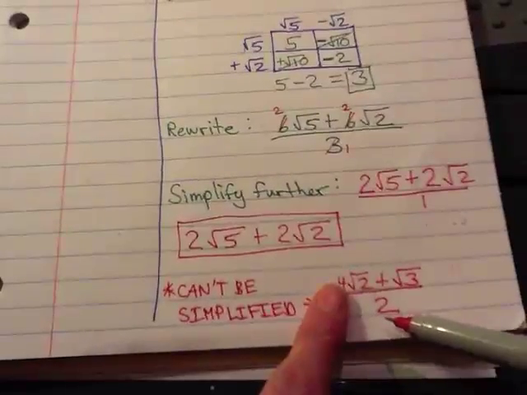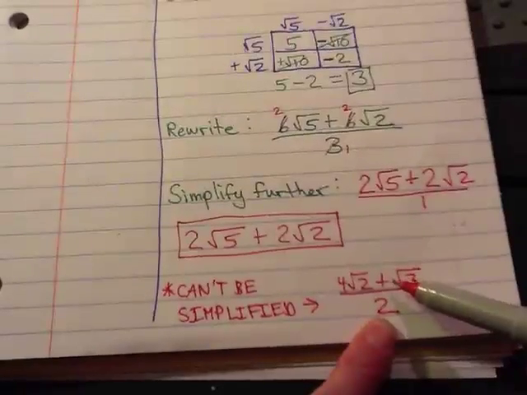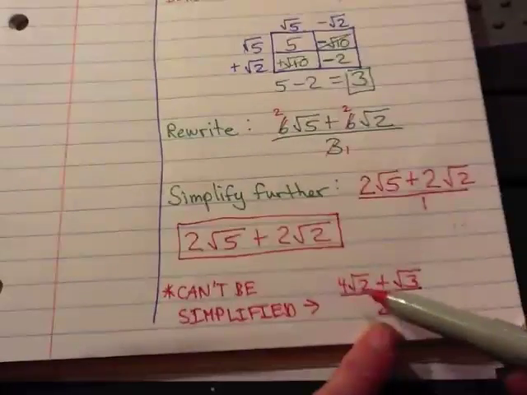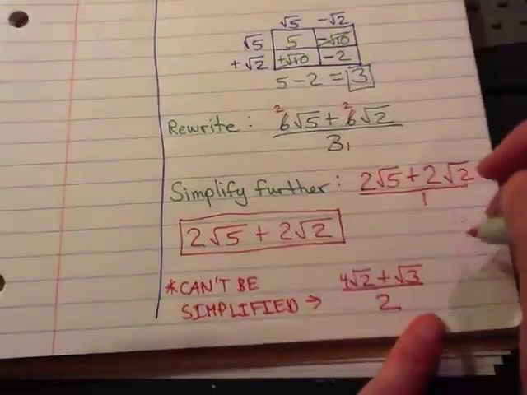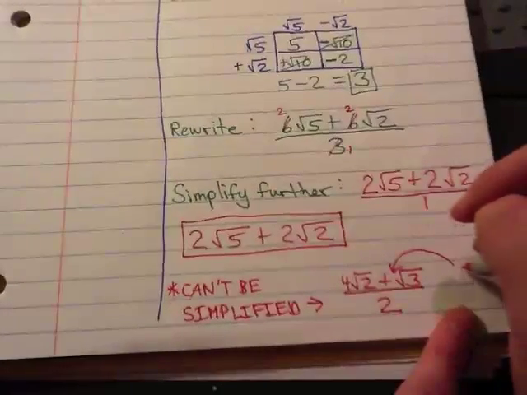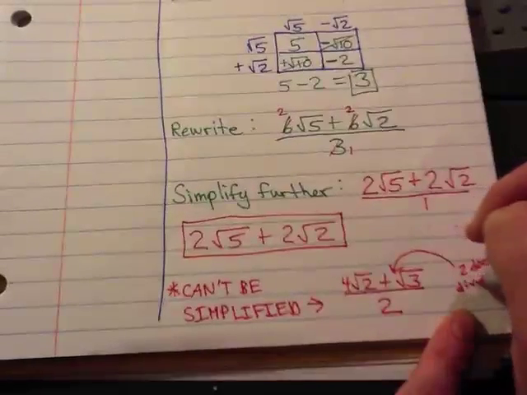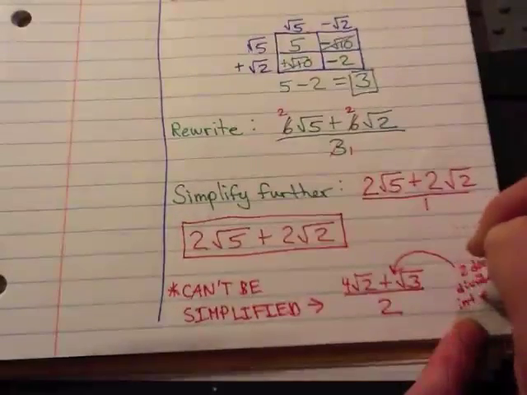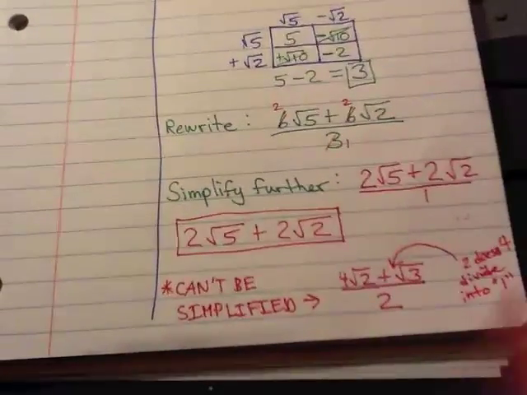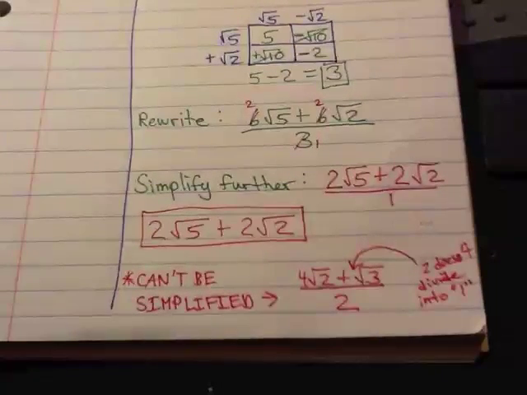So that part could be simplified. But 2 doesn't go into 1 because there's a 1 there. And remember, I'm not worried about the square roots at all. I'm only worried about the numbers in the front. So this right here just stays like it is. 2 does divide into it, but it doesn't divide into it and simplify as an integer. So hopefully that helps you see that.